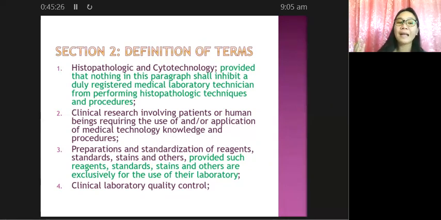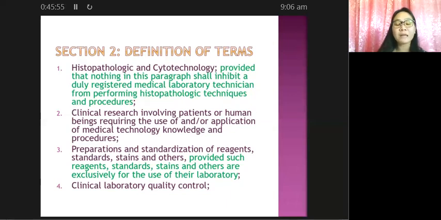Another, clinical research involving patients or human beings requiring the use and/or application of medical technology knowledge and procedures, preparations and standardization of reagents, standards, stains, and others. It says there that such reagents, standard stains, and others are exclusively for the use of their laboratory.